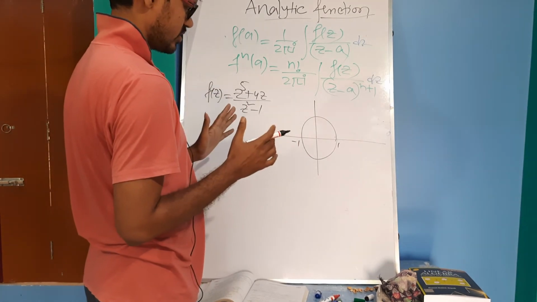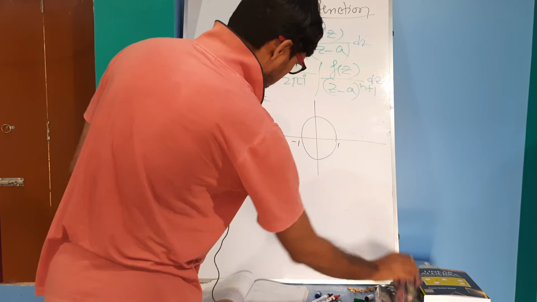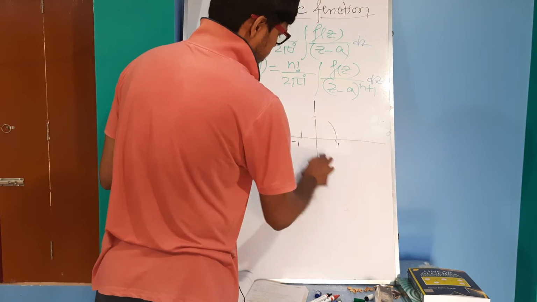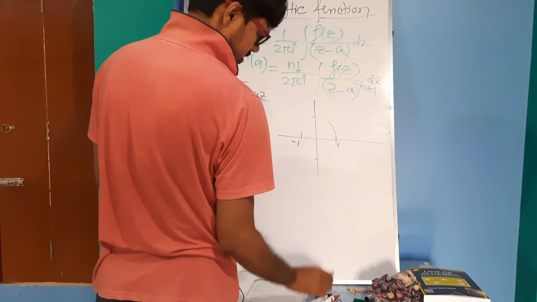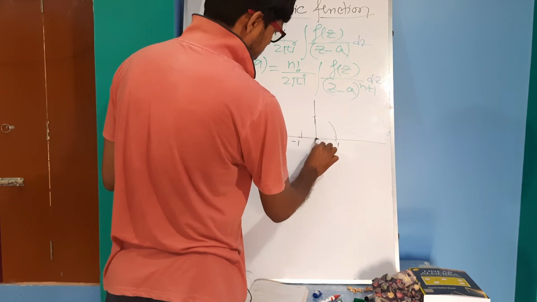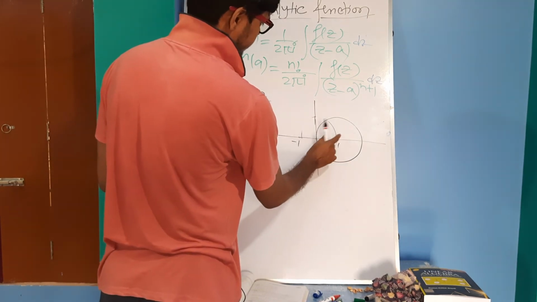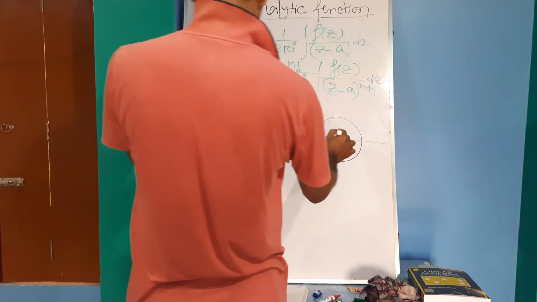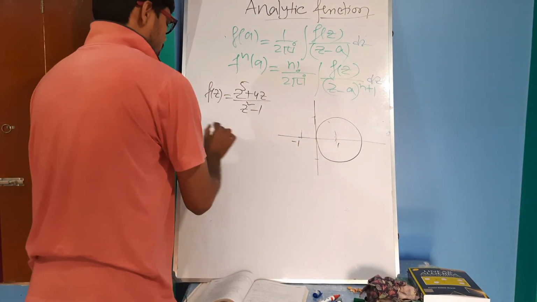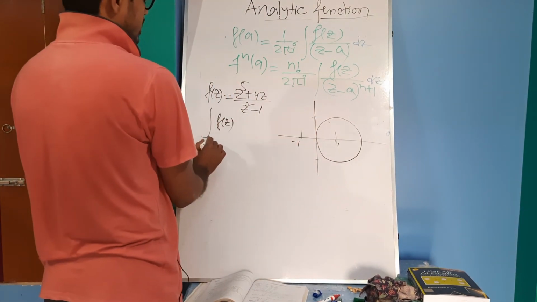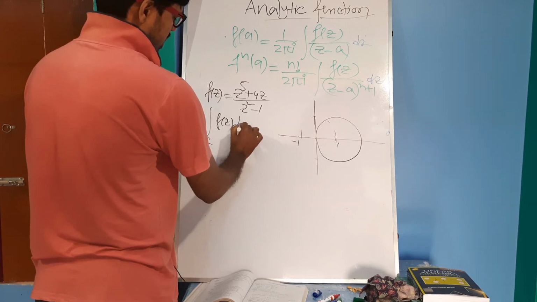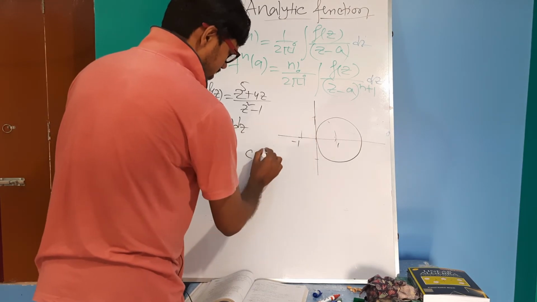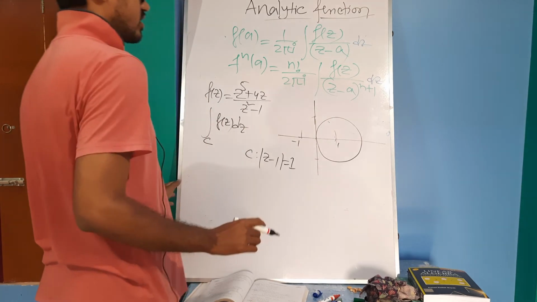So I'm changing the circle, to exclude one point, so just take this kind of circle. What is that circle? Radius 1, center 1. That means we have to integrate f of z over c, and c is mod z minus 1 equal to 1, center 1, radius 1.